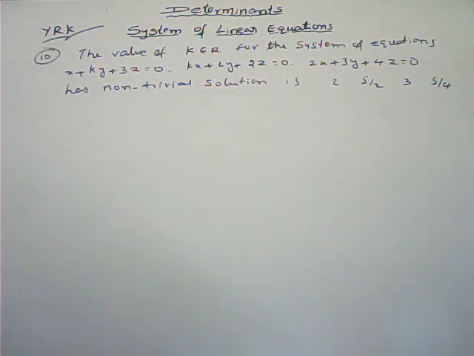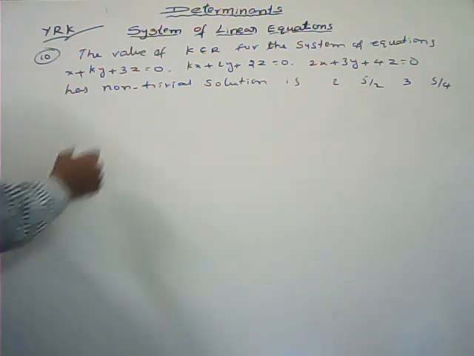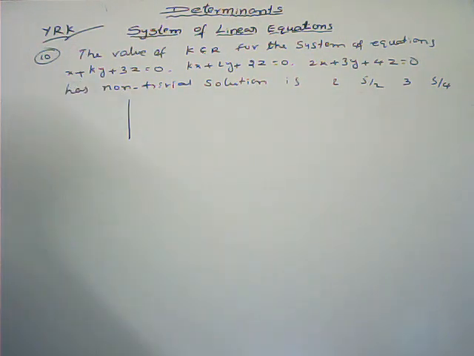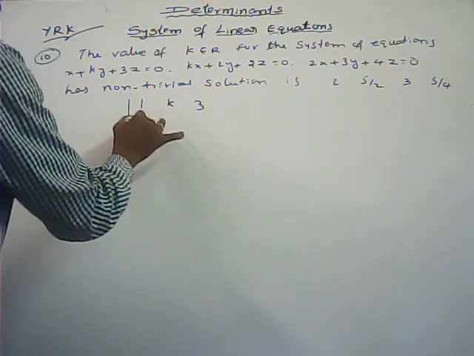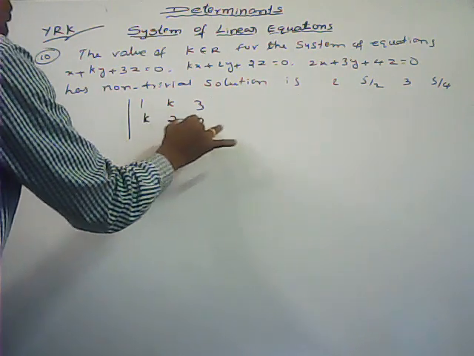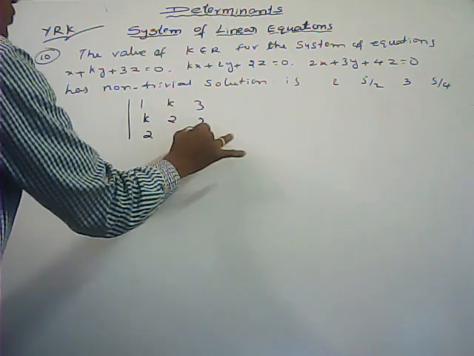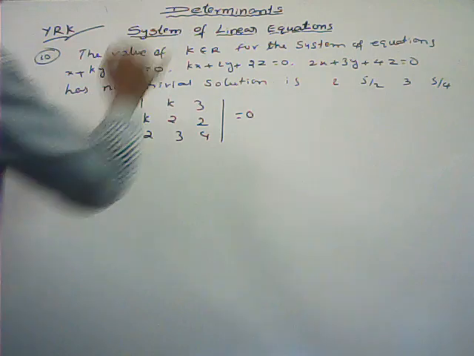For homogeneous linear equations there are only two types, trivial solution and non-trivial solution. Trivial solution means that det A not equal to 0, then x equals y equals z equals 0. Non-trivial solution, det A is equal to 0. What about det here? 1, k, 3; k, 2, 2; 2, 3, 4, that is equal to 0.